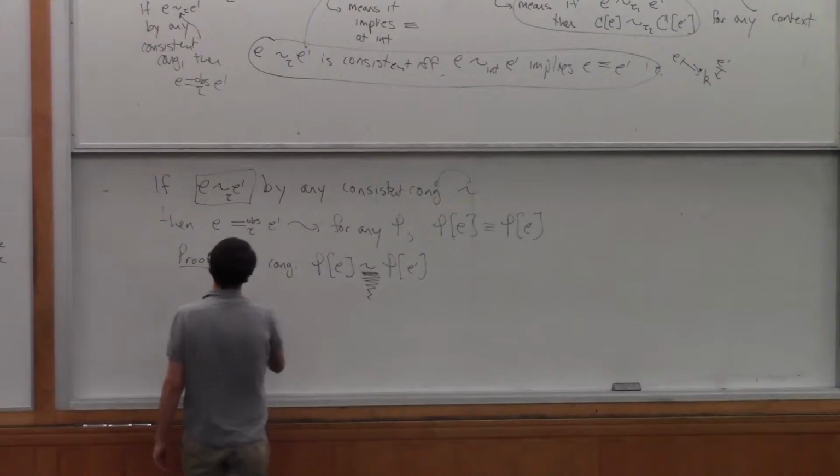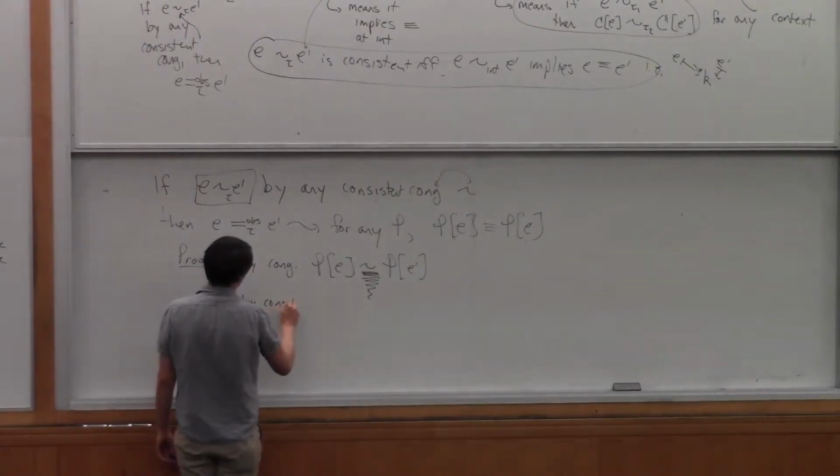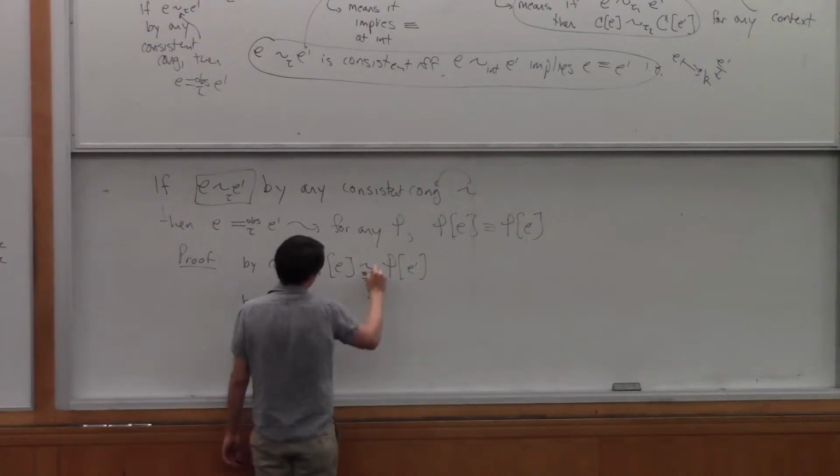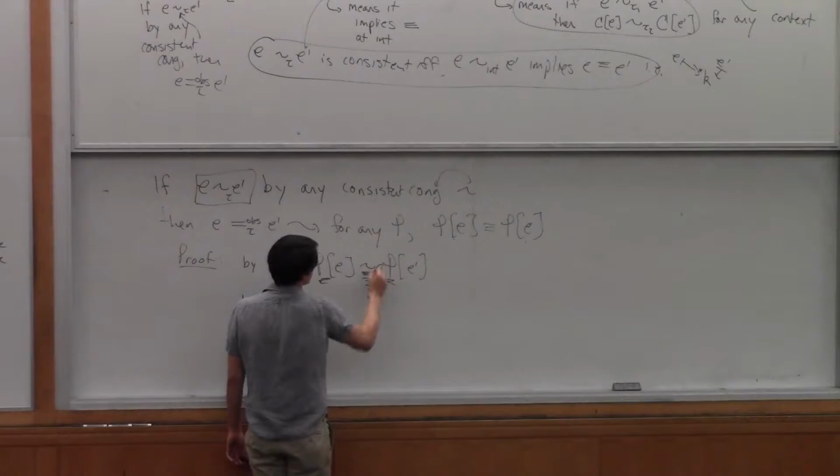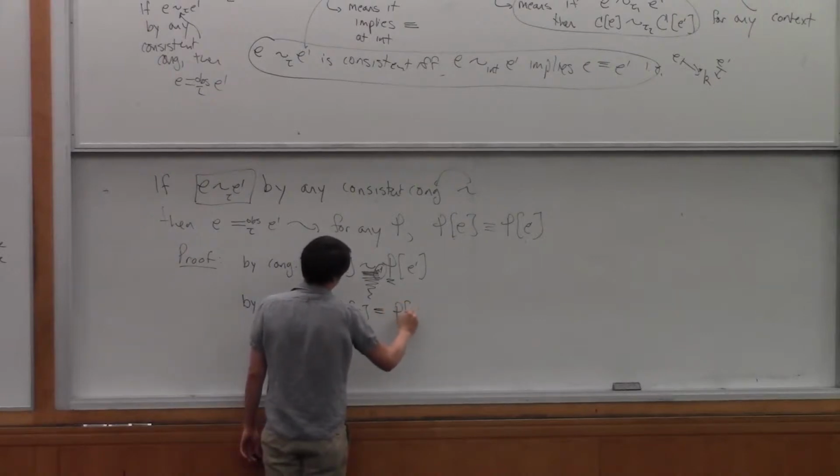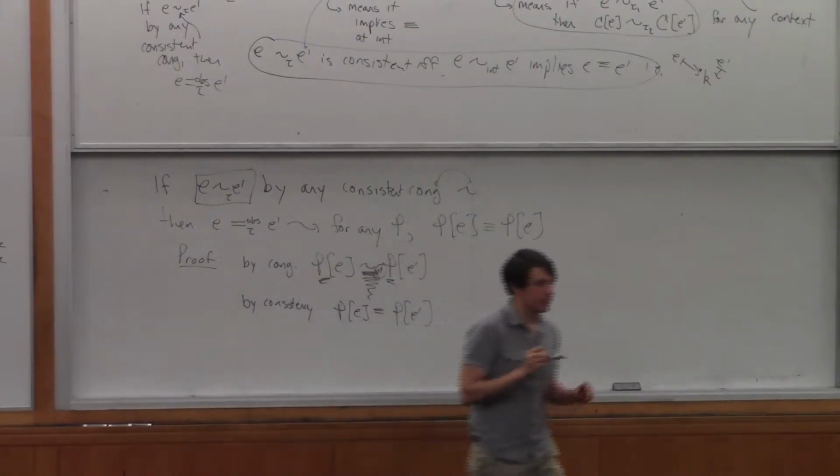And then by consistency, if this relation is consistent, remember that P was by definition the kind of context that produces something of base type, of ground type there. So what I get by consistency is exactly that they're observationally equivalent.